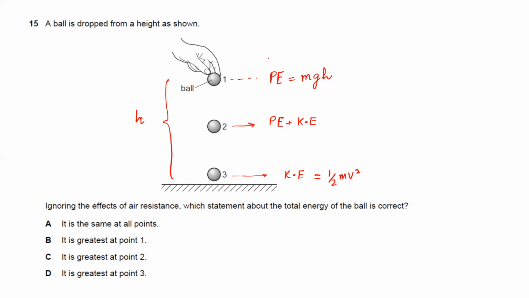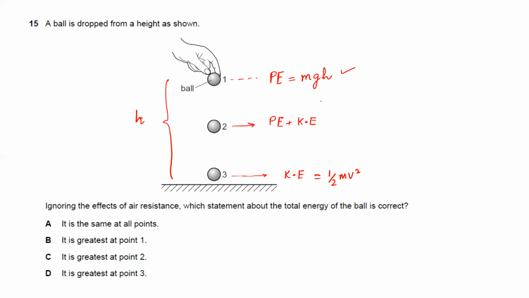So the point is the law of conservation of energy: the total energy will remain the same. So at this point, the maximum energy is this, and the overall energy will remain the same. So complete potential energy converts to complete kinetic energy. At this point, say we have half of the total energy in the form of kinetic energy. So let's see. About total energy, it is the same at all the points.